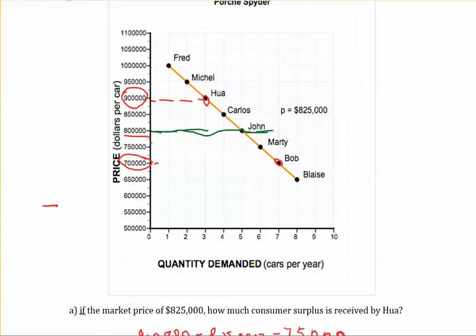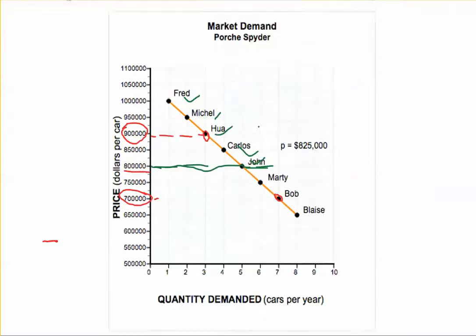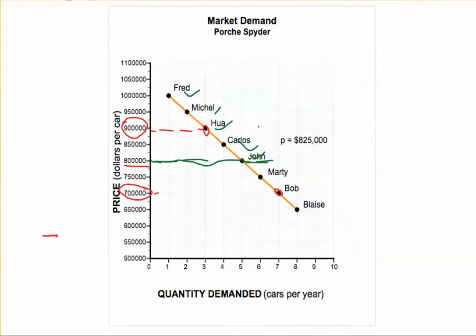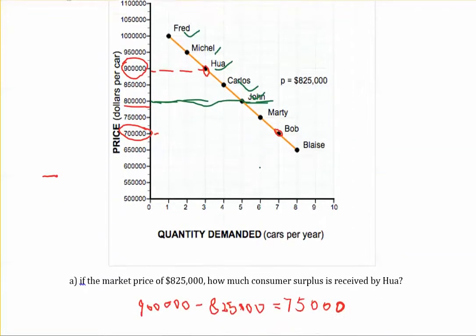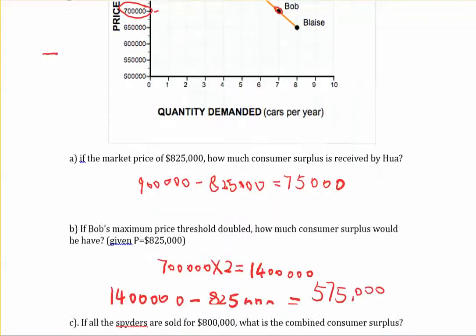So which means if the market price is $800,000, John, Carlos, Hua, Michelle, and Fred, these 5 persons can afford to buy the Porsche. But the question now is, how can we calculate the consumer surplus? It's not a hard job. We just calculate Fred's consumer surplus plus Michelle's plus Hua's plus Carlos's plus John's consumer surplus.